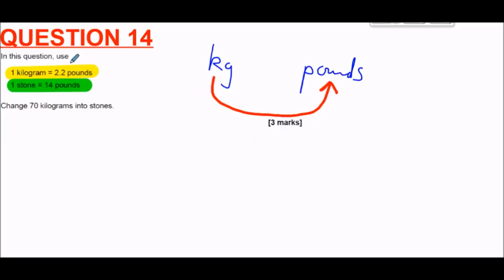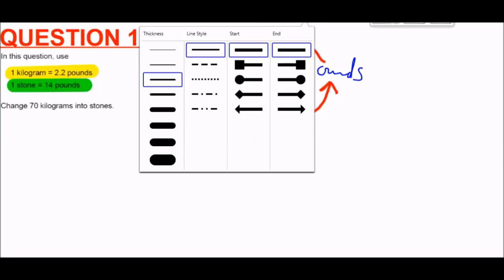So going from kilograms to pounds, we're multiplying by 2.2 because the pound number, 2.2, is bigger than the kilogram number, which is 1. If we're going from a small to a big number, we need to multiply by 2.2.